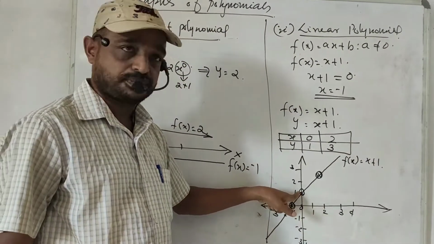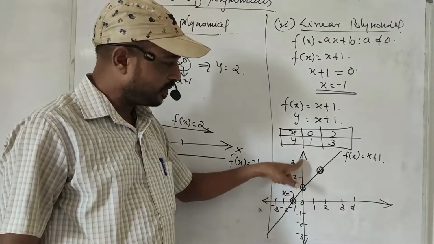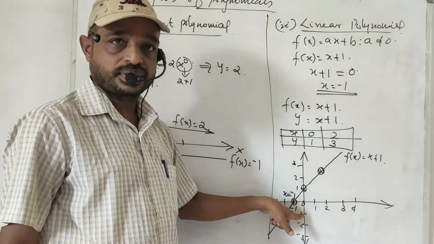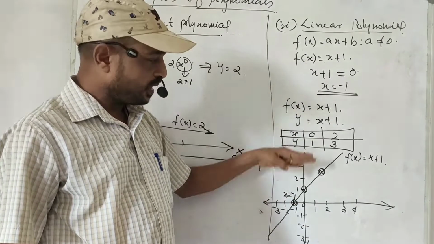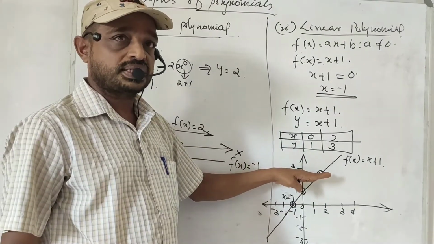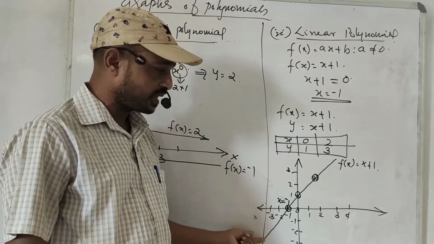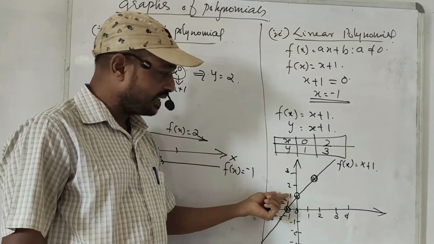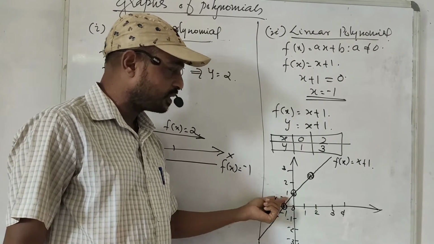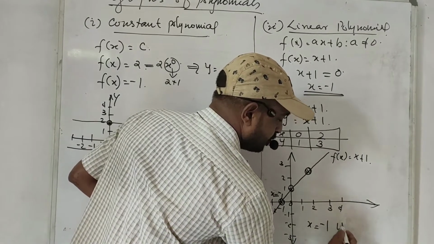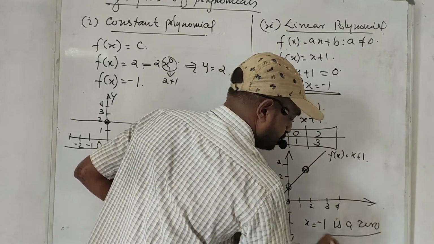We will not consider this point, because it is the point of intersection of the graph with the y-axis. We are only taking the point of intersection with the x-axis. So this graph intersects the x-axis at x equal to minus 1, so x equal to minus 1 is a zero of the polynomial.